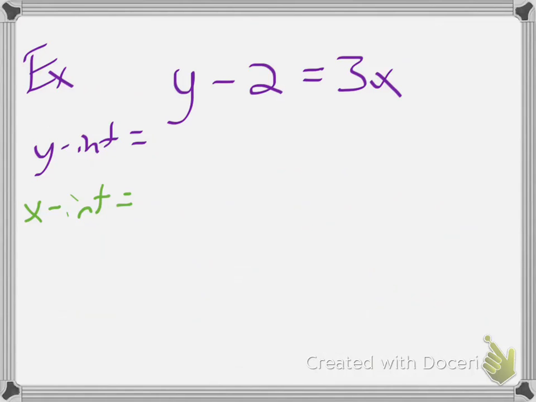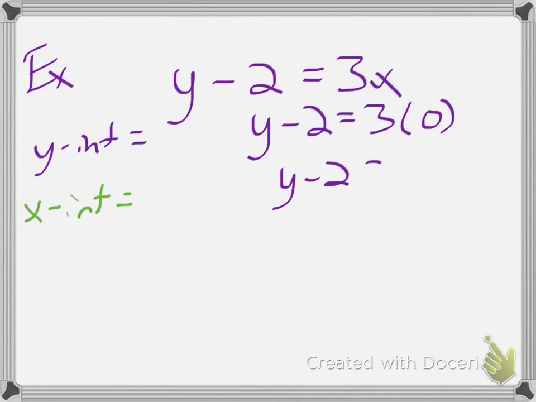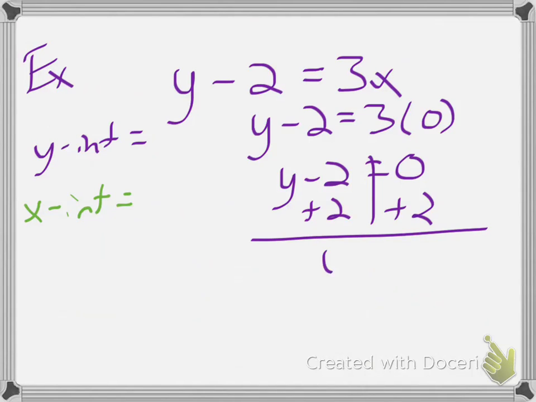So here we have y minus 2 is equal to 3 times 0. So y minus 2, and 3 times 0 is 0. So you keep solving, add 2 to both sides, and you get y is equal to 2. So my y-intercept for this equation is 2, or 0, comma 2.